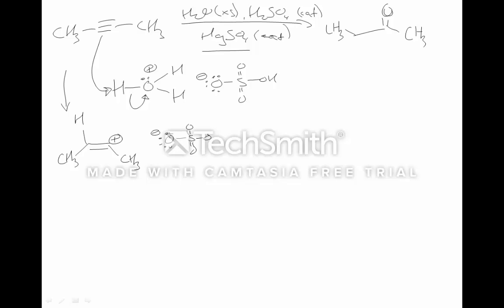Draw out the sulfonate that's associated there. Again, this is a spectator. I've said that many times. The sulfonate is not doing anything. It's not going to attack. We have lots and lots of excess water, so we're going to use that to attack the carbocation.